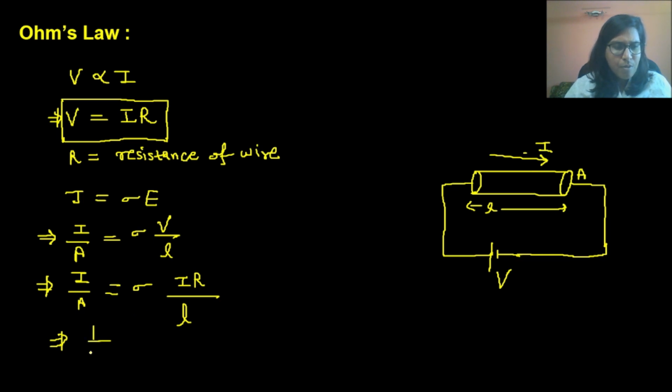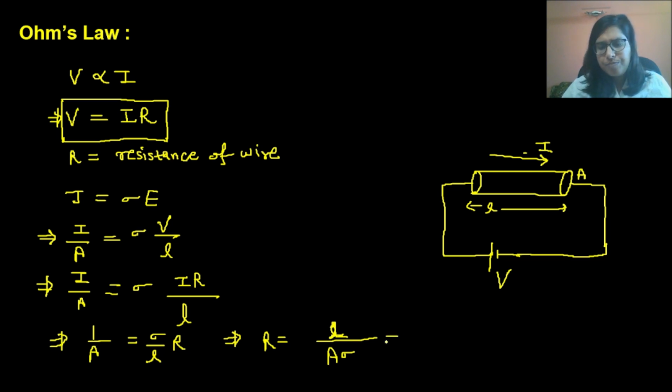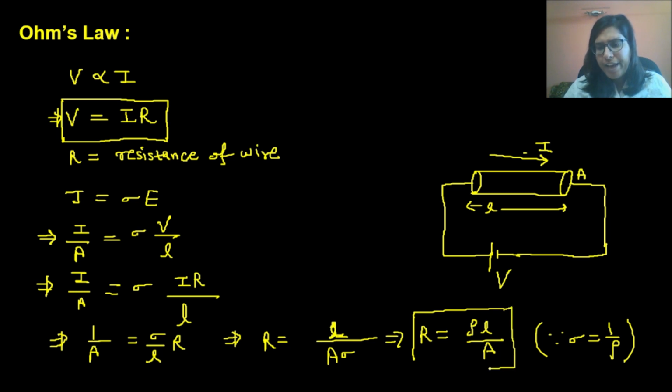Then this becomes 1 upon A equals sigma upon L into R, or R equals L upon A into sigma, and we know sigma equals 1 upon rho, so this becomes rho into L upon A. So the resistance in terms of L and A will be R equals rho L upon A. Rho is the resistivity of the conductor, L is the length of the conductor, and A is the area of the conductor.